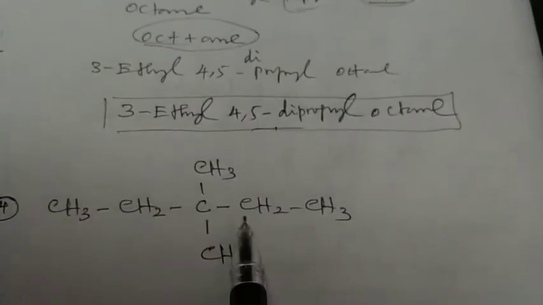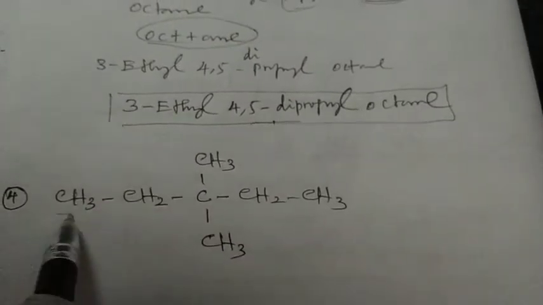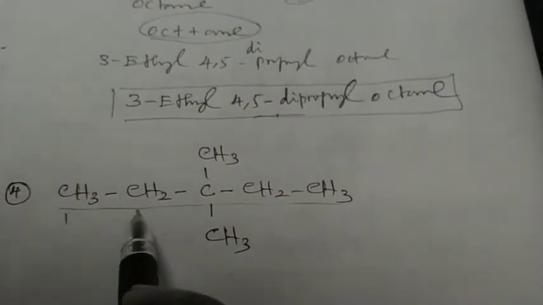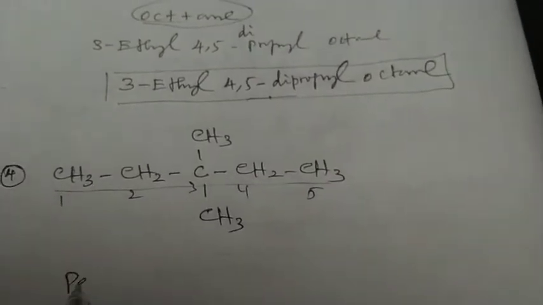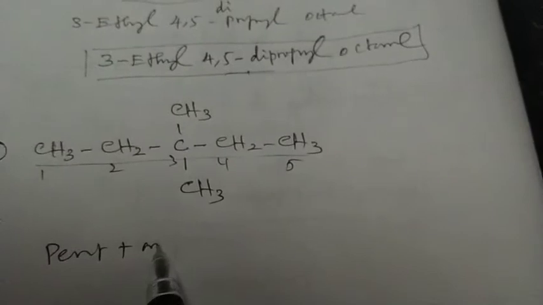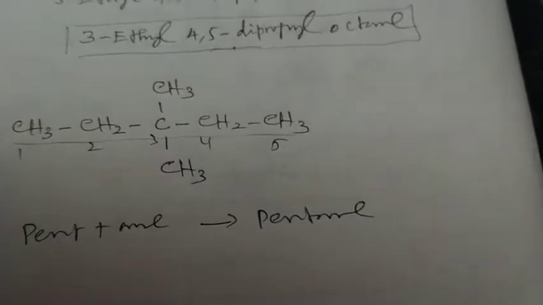See CH3, CH2, C, CH2, CH3. And you go through the longest chain of carbon. See 1, 2, 3, 4, 5. So pent plus A and E, single covalent, pentane. So the name of the hydrocarbon is pentane.